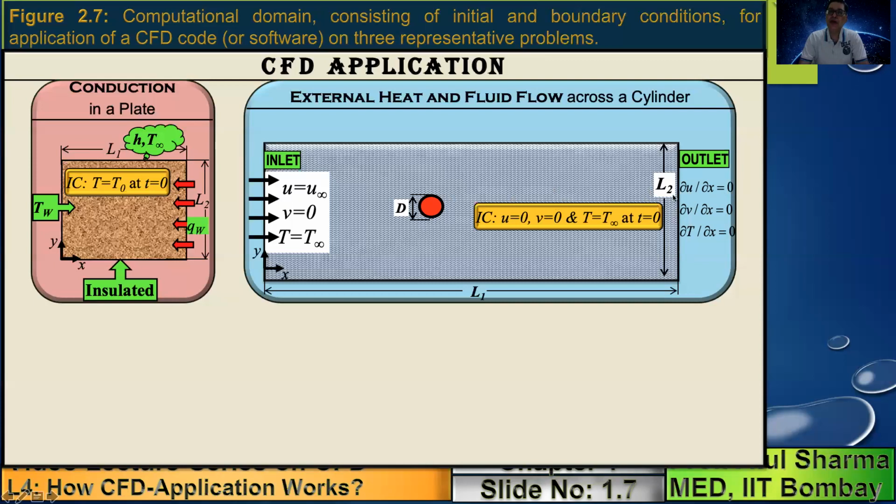And as it goes further downstream, finally, everywhere it becomes u infinity. So we take a sufficiently far downstream boundary and we use outlet boundary conditions.